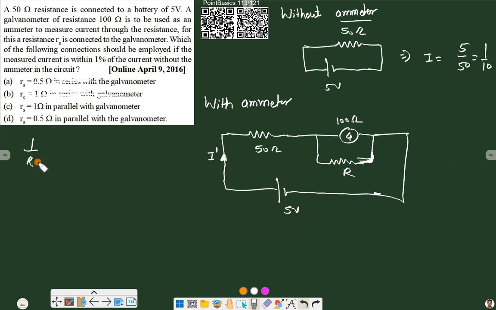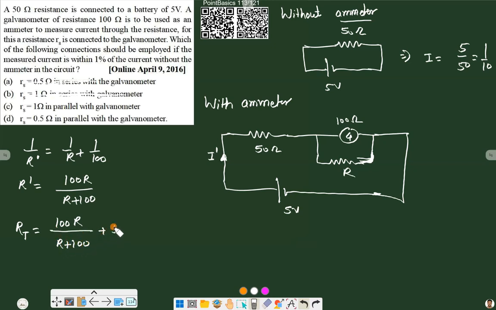Their resistance will be 1 by R plus 1 by 100, and R dash will come out to be 100R by (R plus 100), and the total resistance of this circuit will be 100R by (R plus 100) plus 50 ohm.